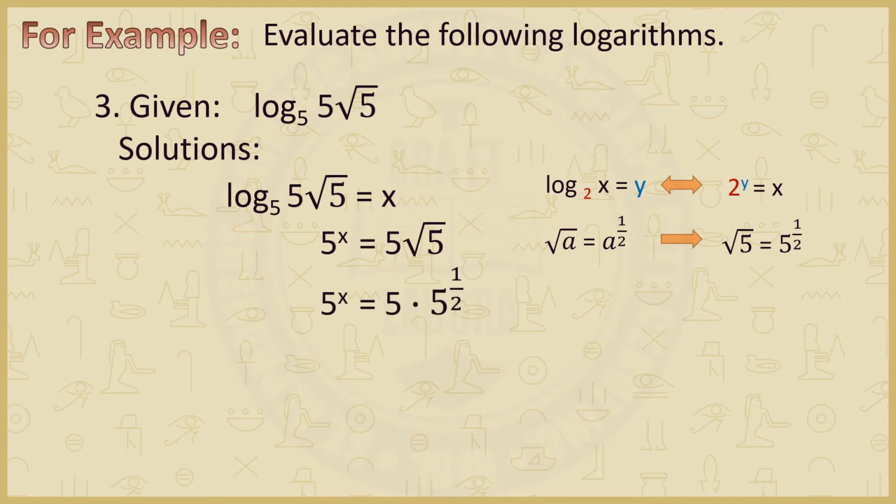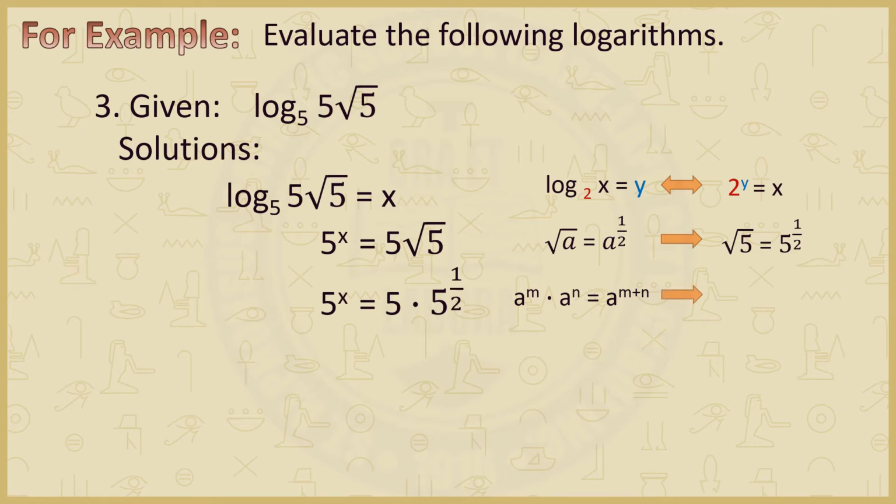So our equation becomes 5 raised to x equals, copy 5 times the transformation of square root of 5, which is 5 raised to 1/2. So we will still simplify the right side of the equation. According to the product rule of exponents, if the bases are the same, we will copy the same base and add the exponents.